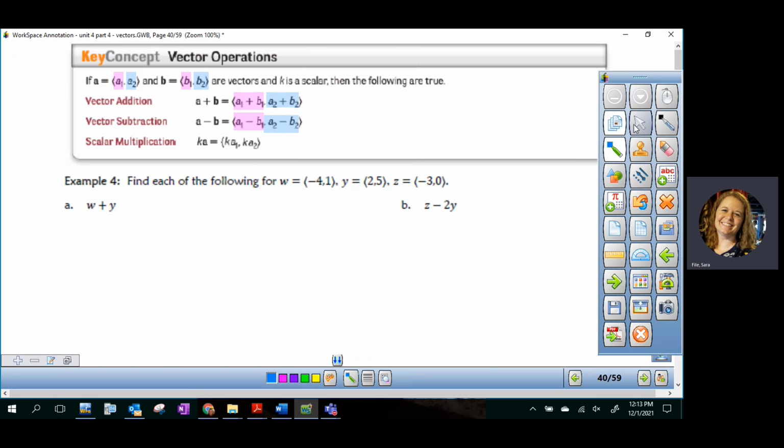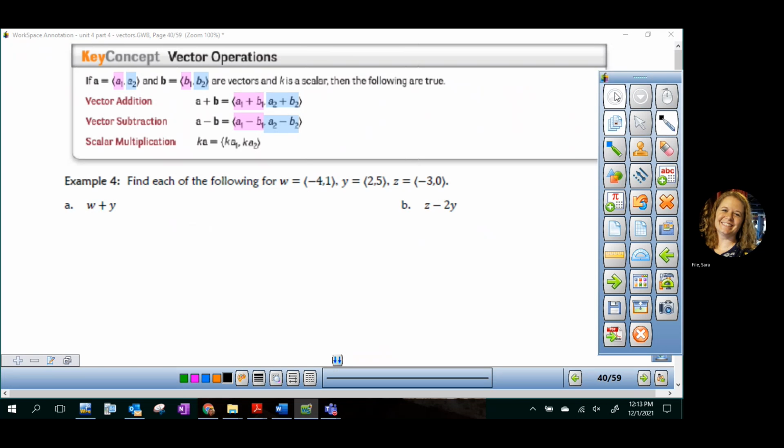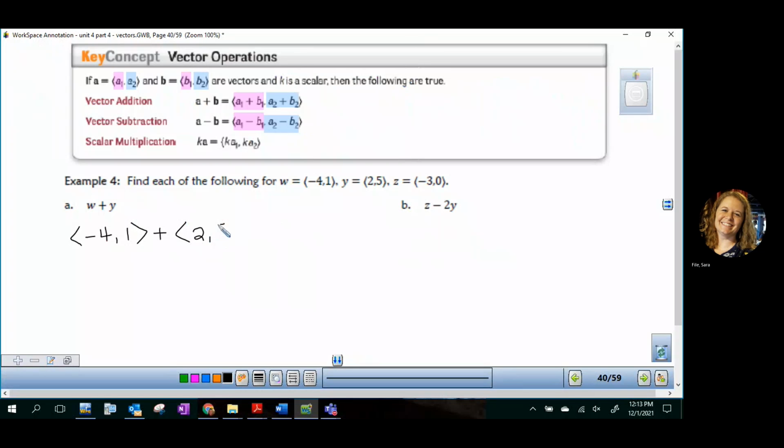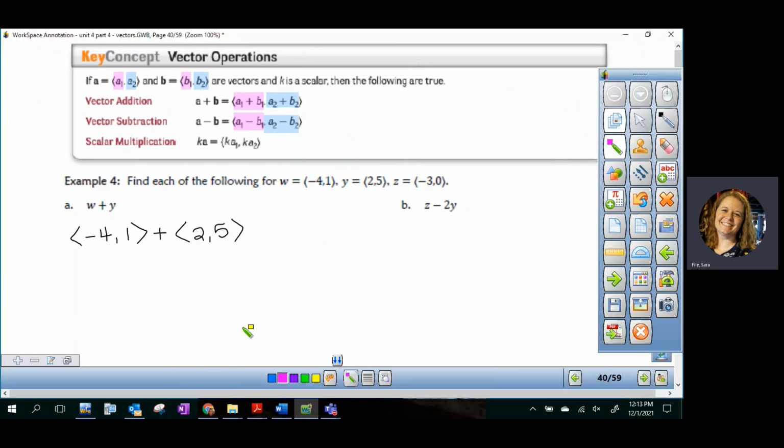We're going to try that here in example 4. I'm going to write out the vector W plus the vector Y. I identify the horizontal components and the vertical components, and that's what I add.